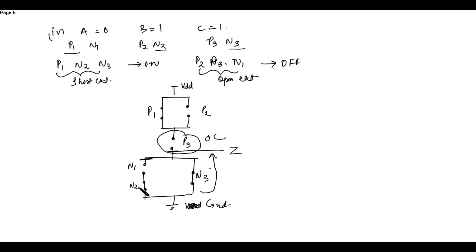When they're in parallel, it's just like an OR condition. This is 0, this is 1, then the output will be 1. So Z is ground, or you can say the low voltage or 0. So when A is equal to 0, B is equal to 1, C is equal to 1, the obtained output will be 0.